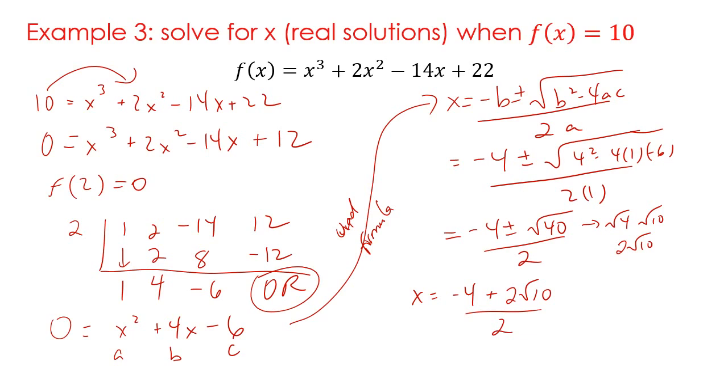All over 2. And we can simplify that. Everything divides by 2, so that gives me negative 2 plus root 10, and then negative 4 minus 2 root 10 over 2, which is negative 2 minus root 10.